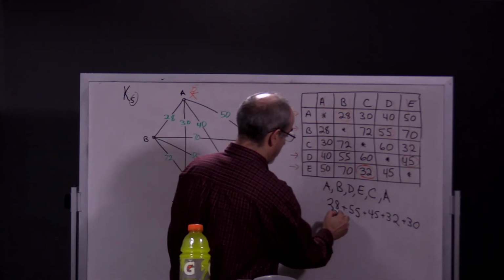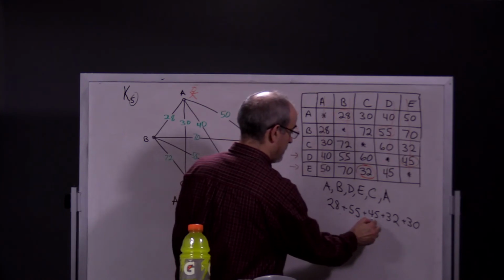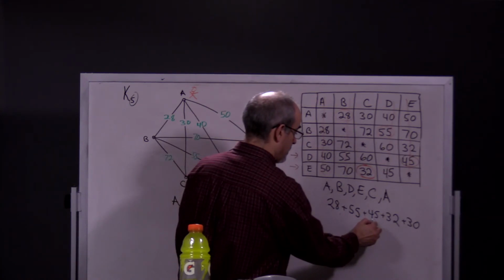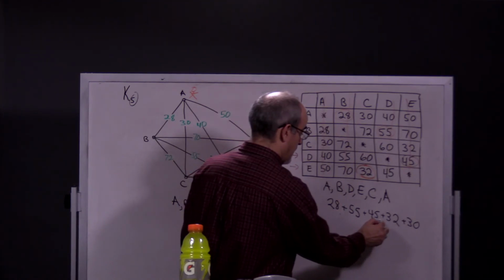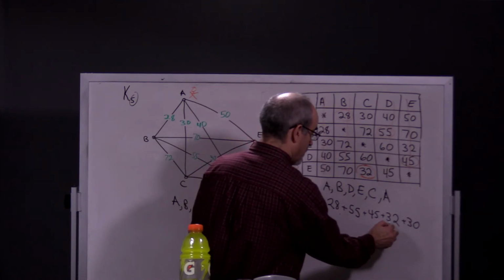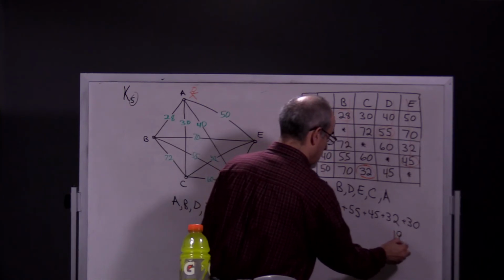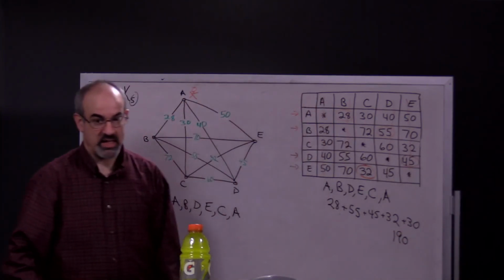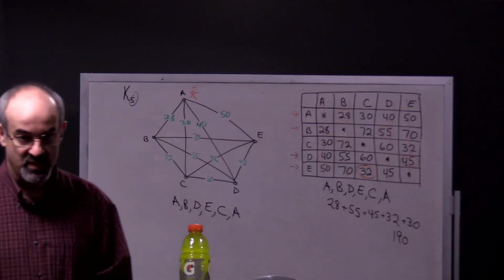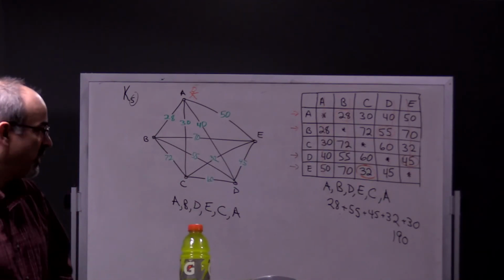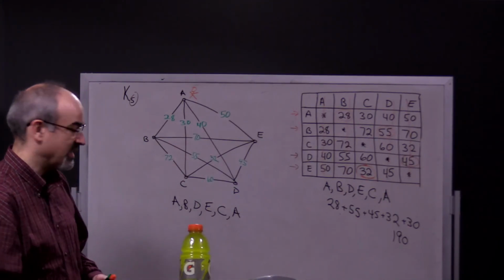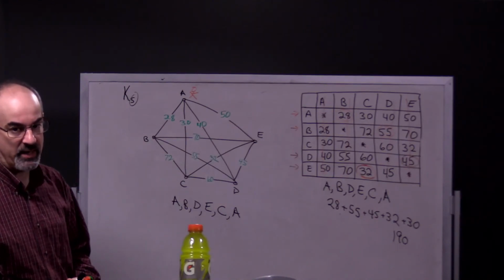So let's see, we have 83, 128, 160, 190. So our nearest neighbor tour starting at A gives us a route that has a weight of 190. Is that the best route? Probably not.